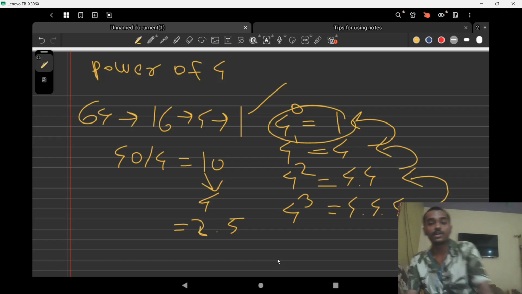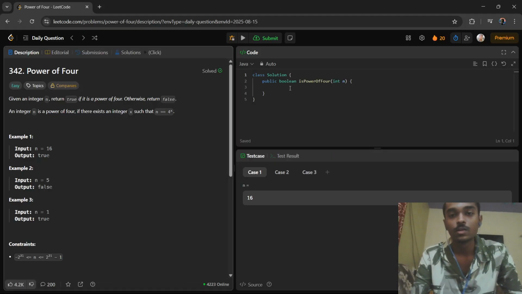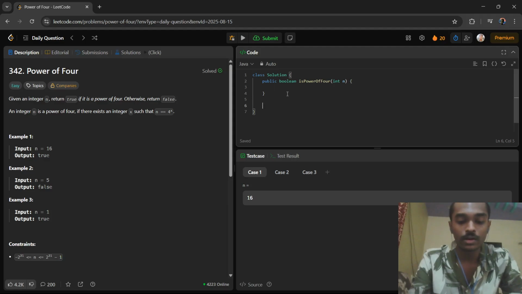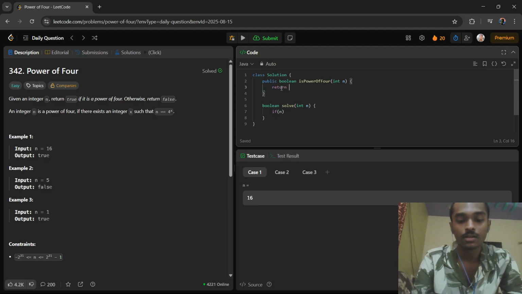Okay, so let's see the coding part. We can make a function solve, and this function can return true or false. It takes a number. If the number is less than or equal to 0, we can return directly.